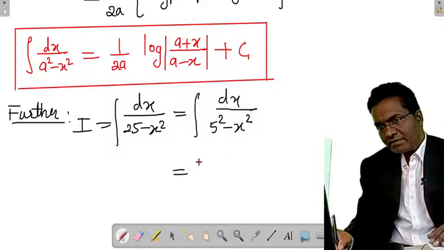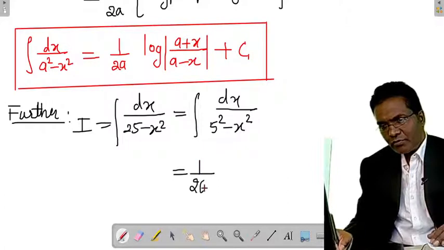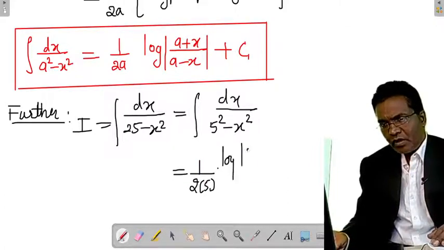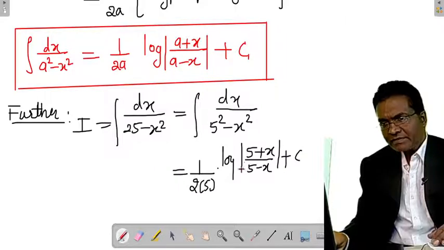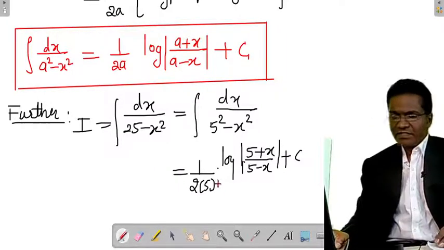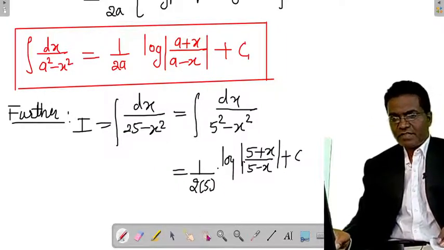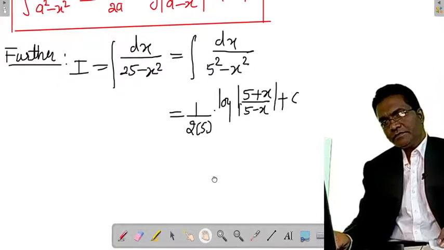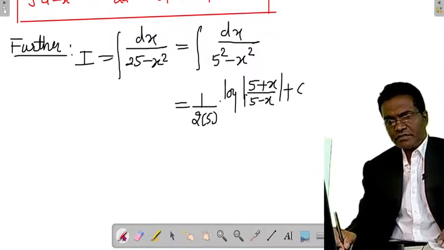So it's 1 by 2a, 2 into 5, log of a plus x, that is 5 plus x by 5 minus x plus c. Okay, so note this down.